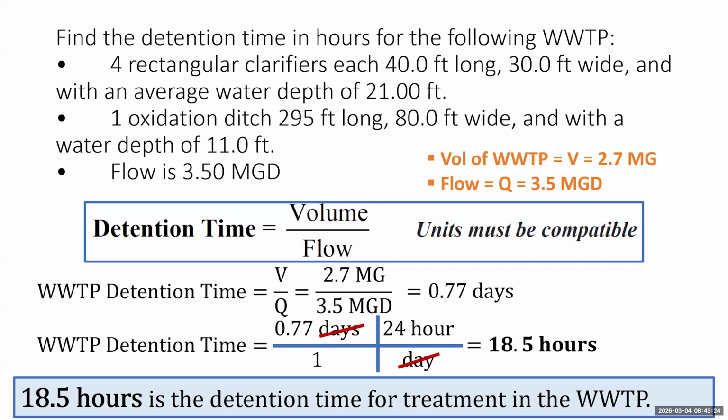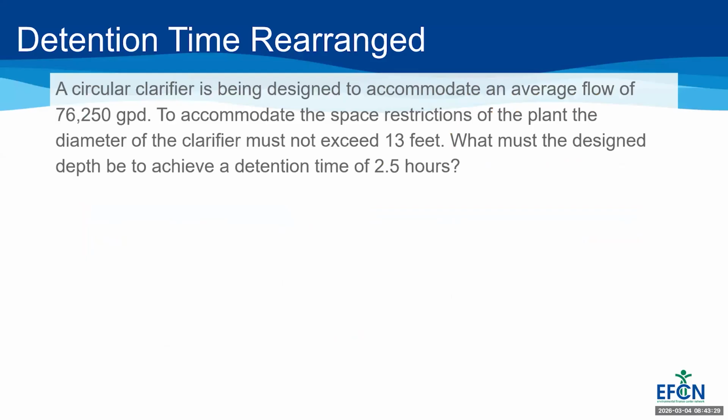This next one is a rearranging equation. So we have detention time and we're asked for something different. So a circular clarifier is being designed to accommodate an average flow of 76,250 gallons per day. To accommodate the space restrictions of the plant, I know you guys encounter this, where there's not a lot of room for something new to be added.